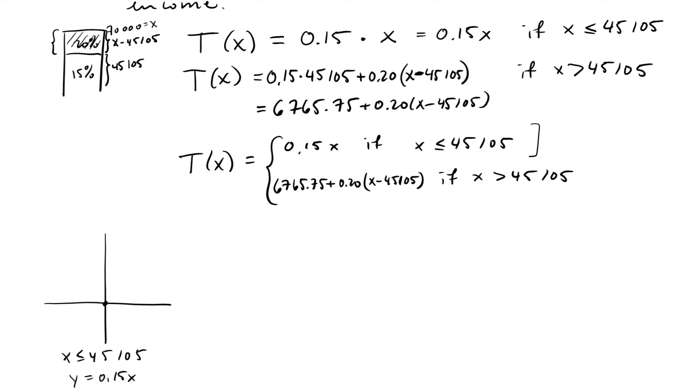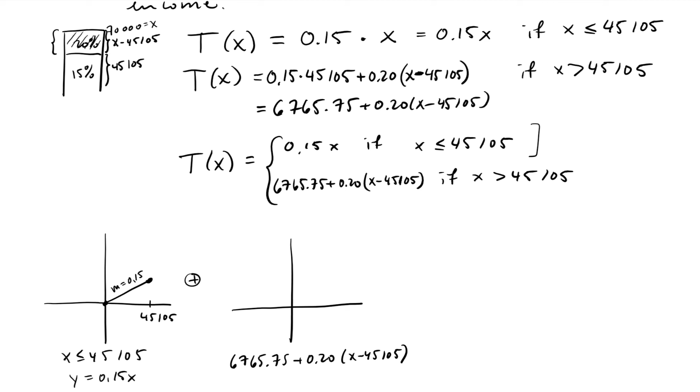If you replace x by 0, you get 0, and it stops at 45,105. The important thing is that it's going up, and the slope is 0.15. After that, I add the other portion, 6,765.75 plus 0.20 times X minus 45,105. Once again, it's a line. Notice it's in point-slope form.